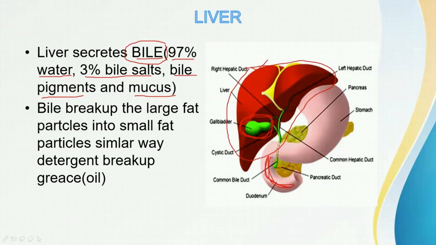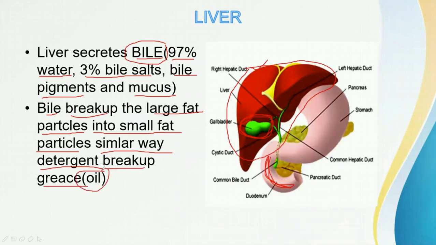When the chyme mixes with this bile, bile breaks up the large fat particles which were in your food into small fat particles. In a similar way, a detergent breaks up grease or oil.